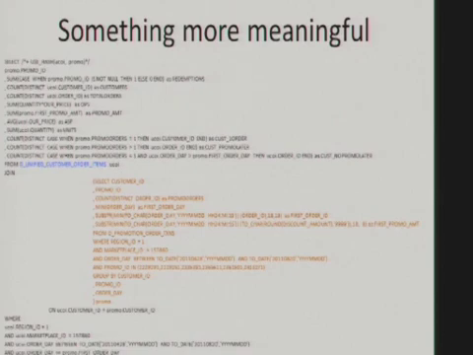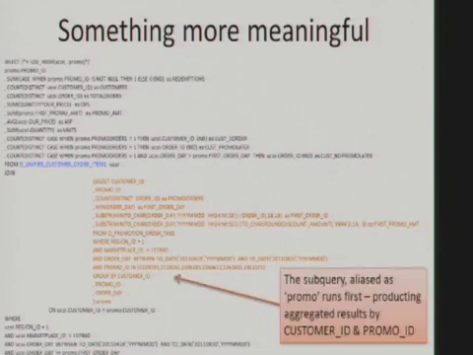So basically, this subquery runs and gives us results by customer ID and promo ID. Then we put it inside this other query where we're pulling data out of de-unified customer order items, and then we're joining to the results of this subquery on any time the customer ID is equal to the customer ID in the subquery table. And then some where clause conditions there.